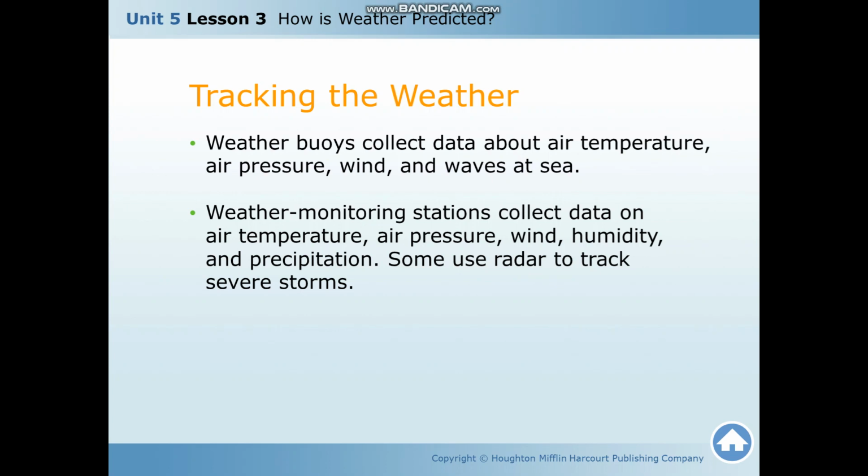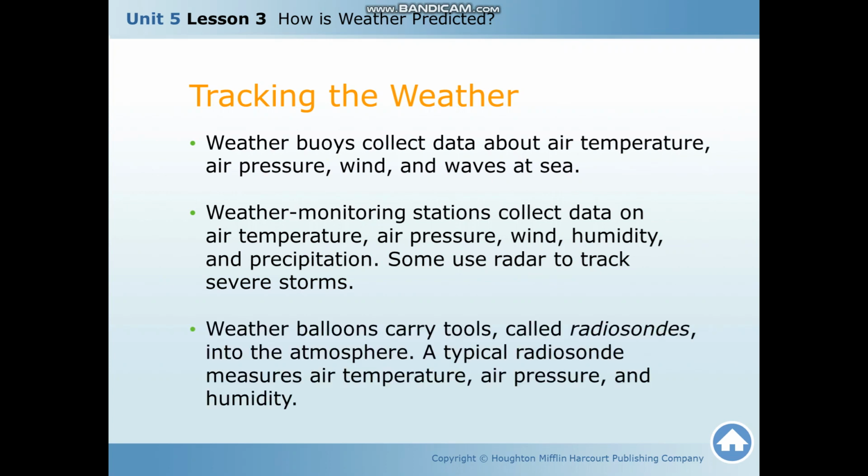So those are the types of precipitation. Some use radar to track severe storms. So again, the instrument that you use to collect data about those are weather monitoring stations.